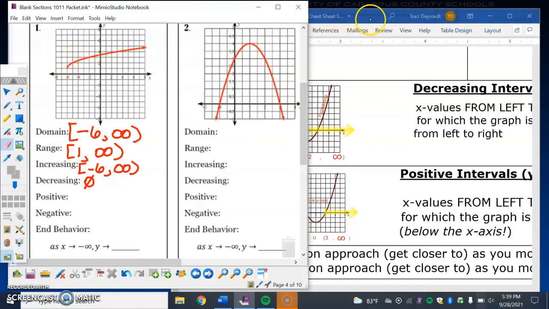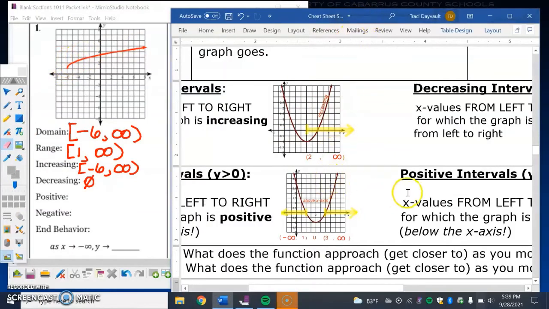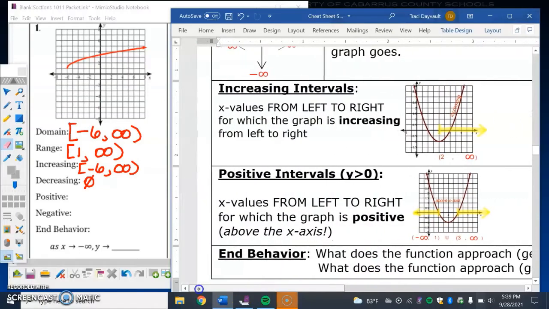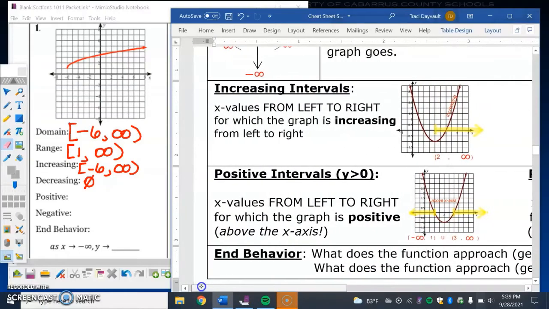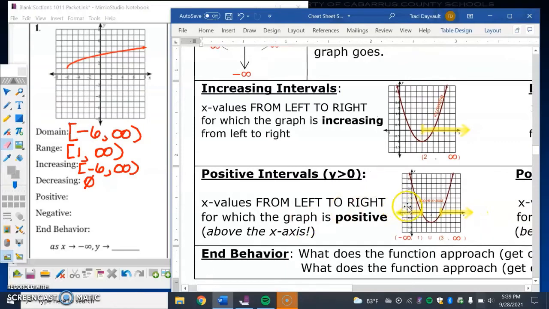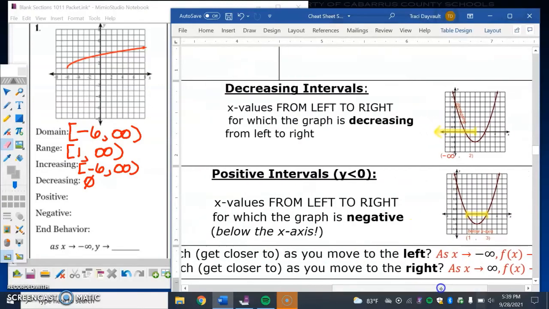And let's look at when this function is negative. Looking at when it's negative and positive is looking at literally when it is above and below the x-axis, using the x values again. So the graph is above the x-axis, that's going to be when the function is positive, and then below the x-axis is going to be when the function is negative.